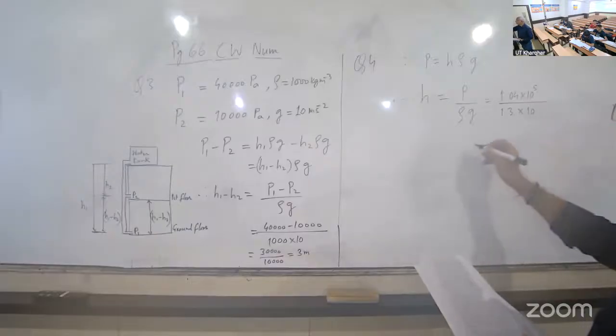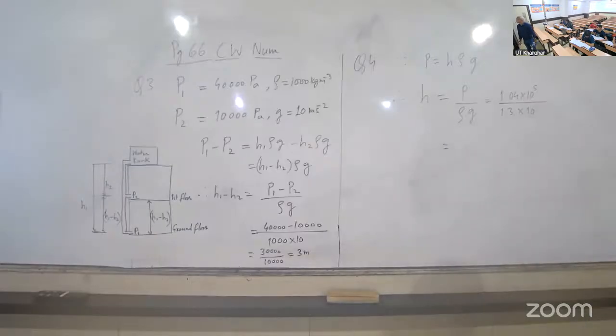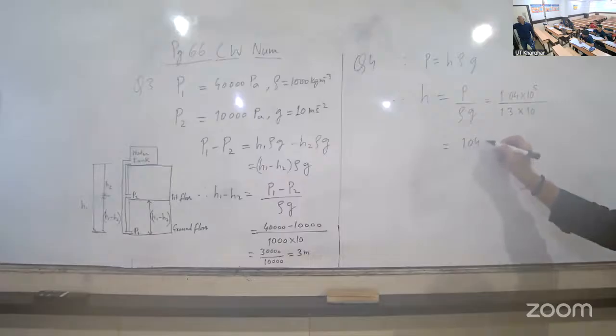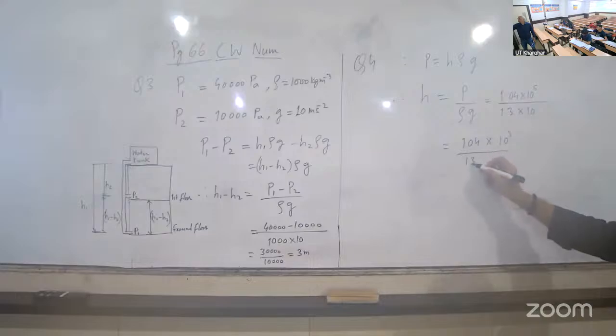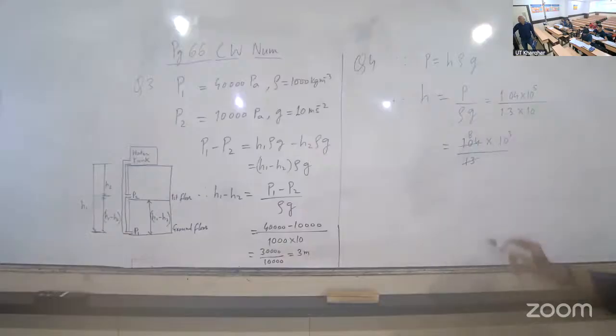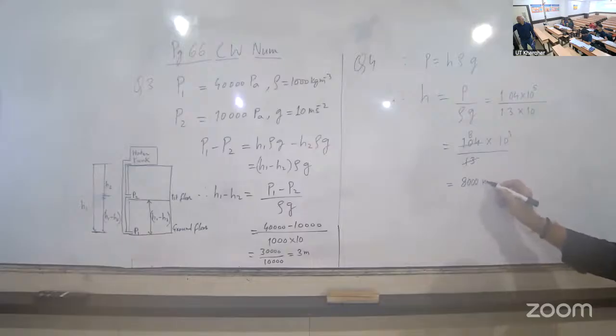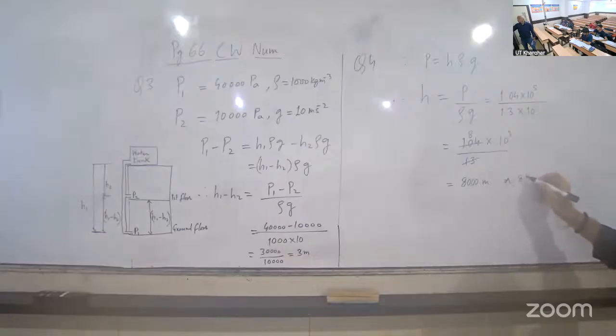Whatever answer you get will be in meters. This is 104 into 10 raised to 3 divided by 13. So this is 8 times 1000, so this will be 8,000 meters, or 8 kilometers. That's what it is.